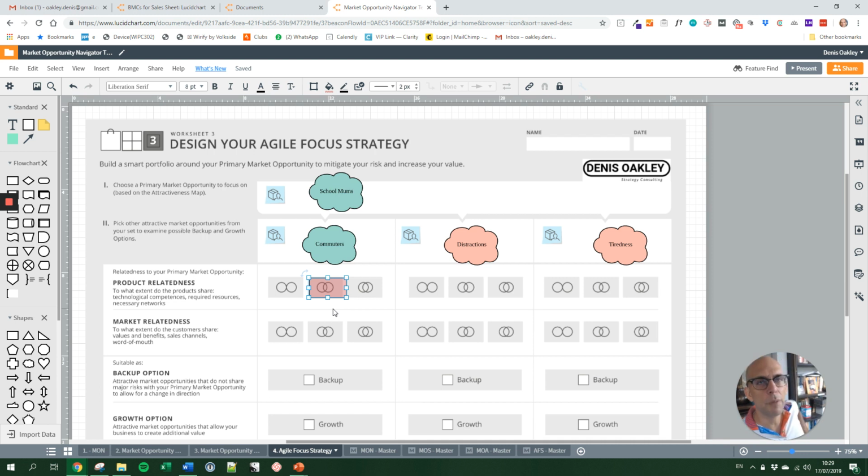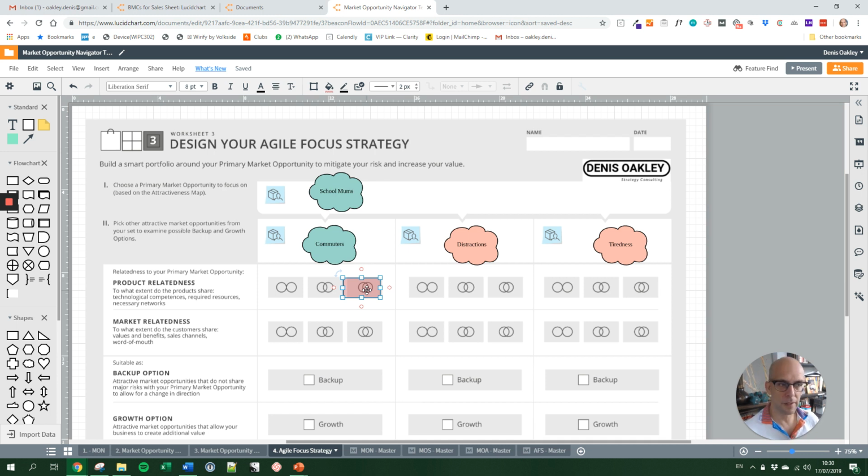No. For school mums, you've got a bigger feature set with all the safety and trust issues, making sure that our precious little kids aren't harmed or abducted by the driver, are safe in a crash, etc. So all those are things that you need to add in to make the school mum offering slightly more technologically demanding. But at the same time, it's relatively easy to cut those out if you need to fall back onto the commuters. That's fairly safe.